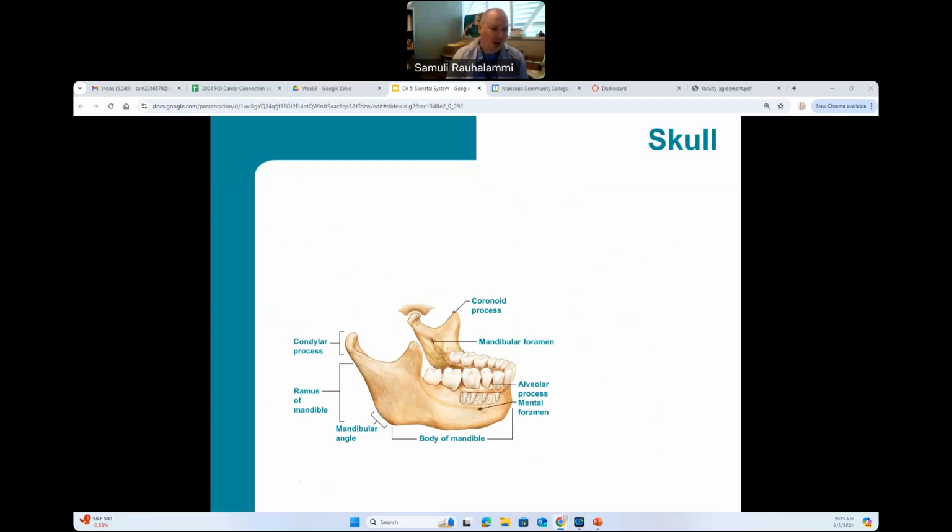I also do want to mention the condylar process. This is the more posterior one of the superior ends of the mandible. And this is what contributes to forming that temporomandibular joint that I mentioned before. And notice the temporomandibular joint is not a very good bony fit.